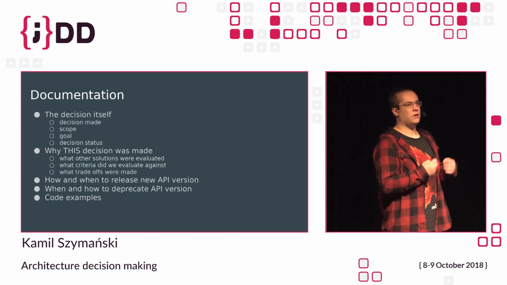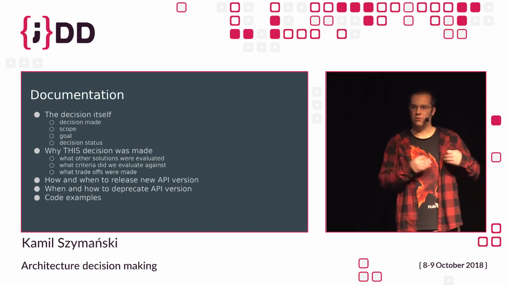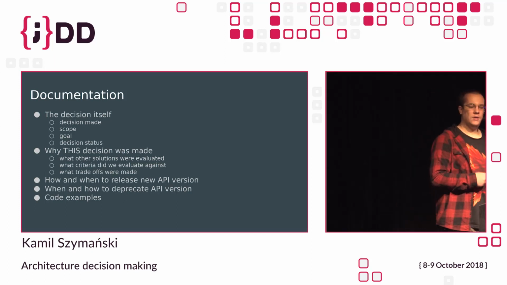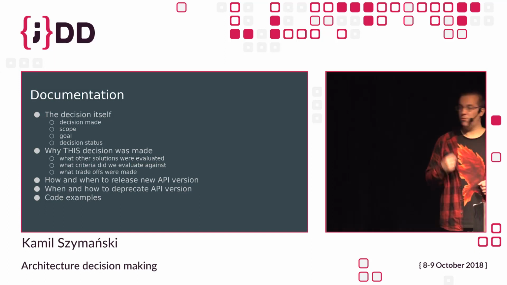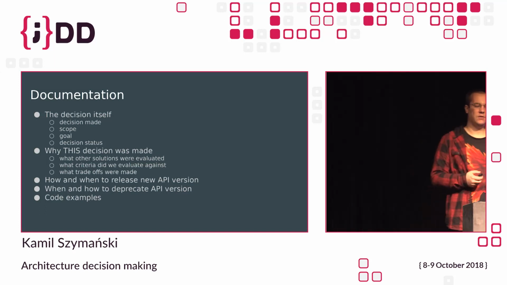So we might render ourselves with a good decision for today, but not so good for tomorrow. So we might want to revoke that decision or change it afterwards. So we should also say what is the status of this decision.